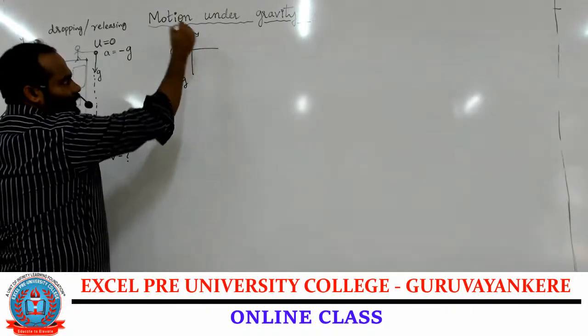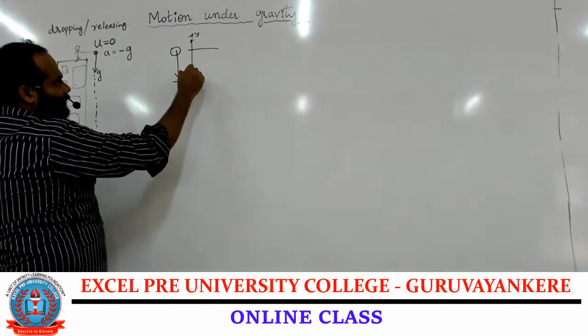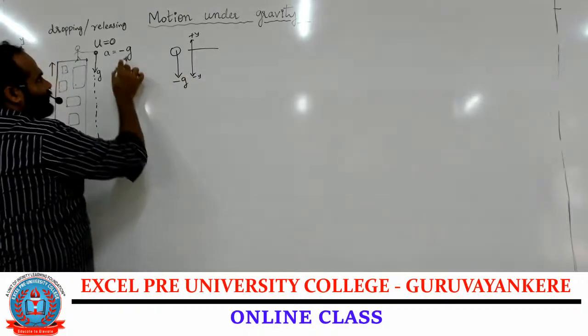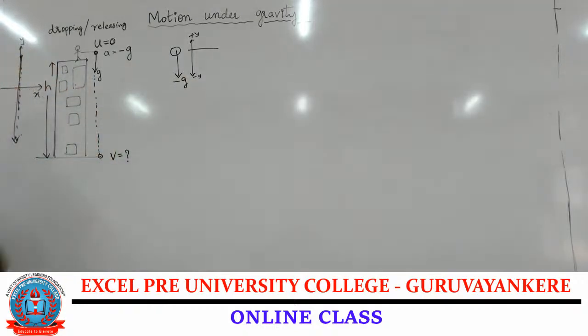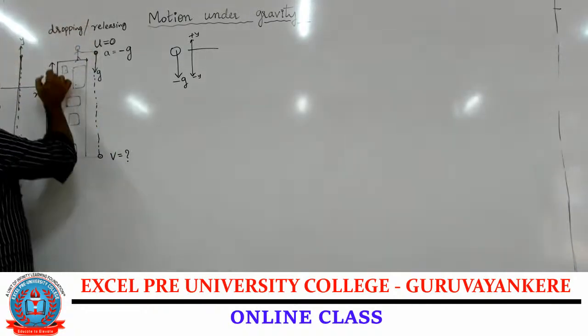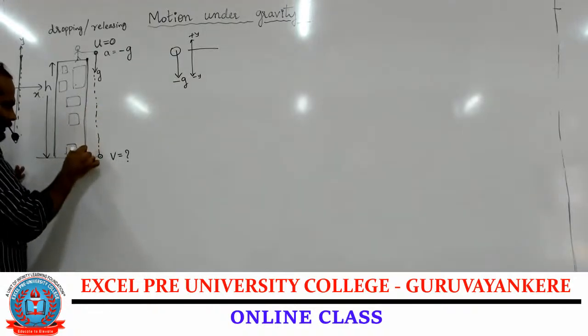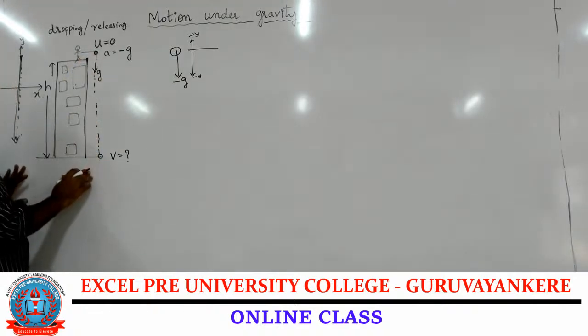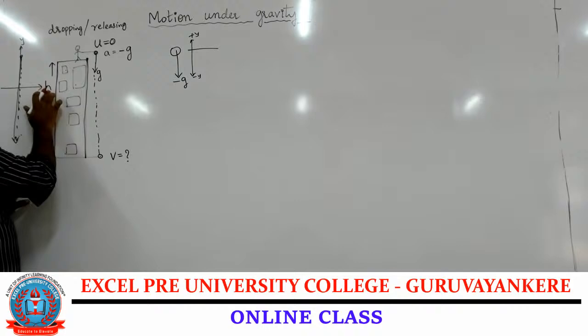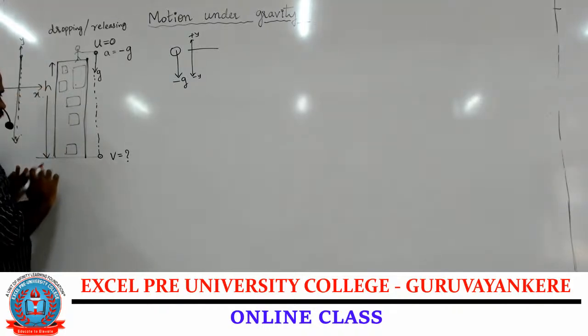This is positive y-axis, this is negative y-axis. That is why it is taken minus g, and displacement of the ball is from the top to the bottom, that is why it is minus h.